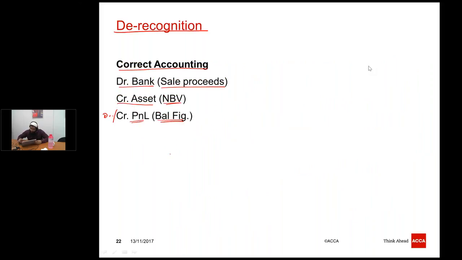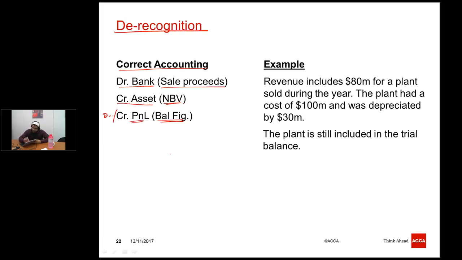Okay, so now let's see an example for this. The question says that revenue includes $80 million for a plant sold during the year. We have sold a plant and we have recorded the amount in the revenue, which means the question has actually debited the bank by 80 and credited the revenue by 80, which is an incorrect entry.